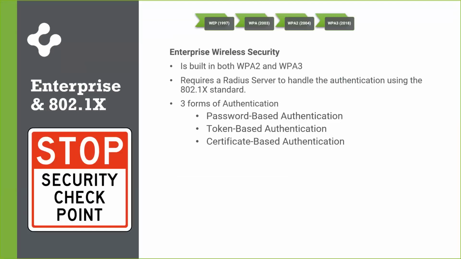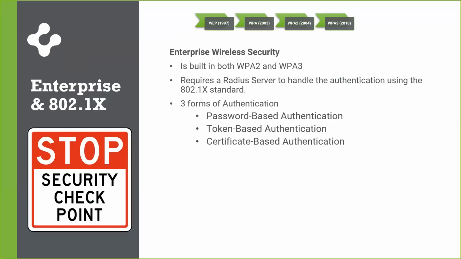A token-based authentication would be if your IT department gave out like a keychain or some kind of time-synced device that has a randomly generated passphrase that can be used and authenticated to the network passing through the RADIUS server. And finally, certificate-based authentication, which would be installing a certificate on a company device, allowing it to authenticate to the wireless.